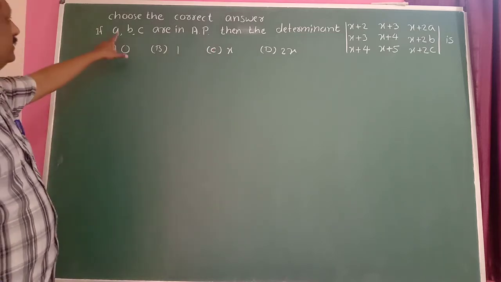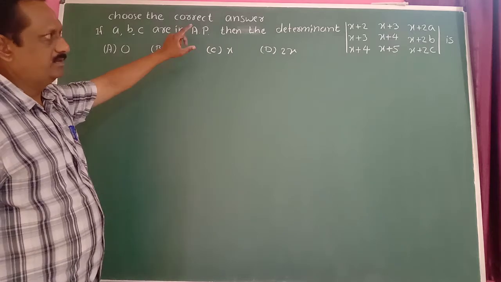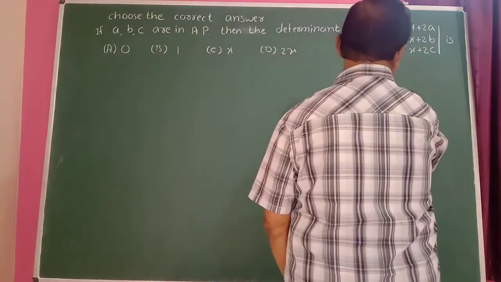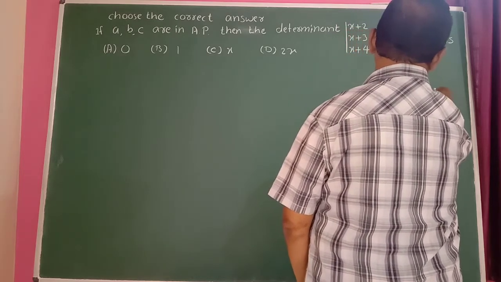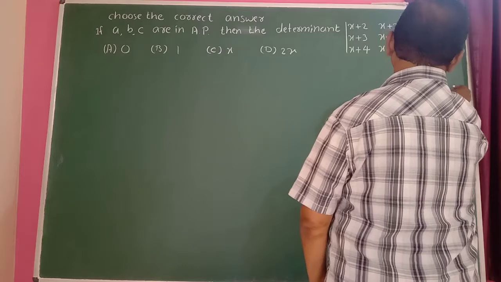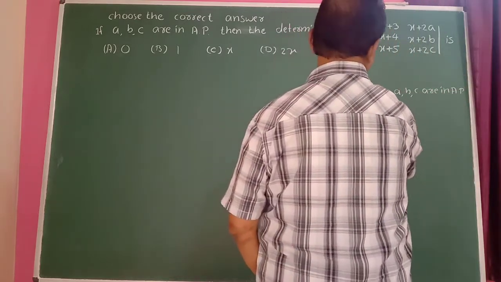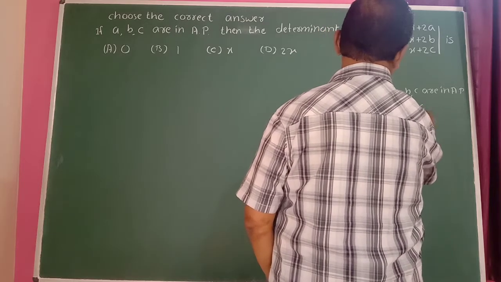Here they given a, b, c are in AP. Therefore, if a, comma, b, comma, c are in AP, then the arithmetic mean formula is b is equal to a plus c divided by 2.